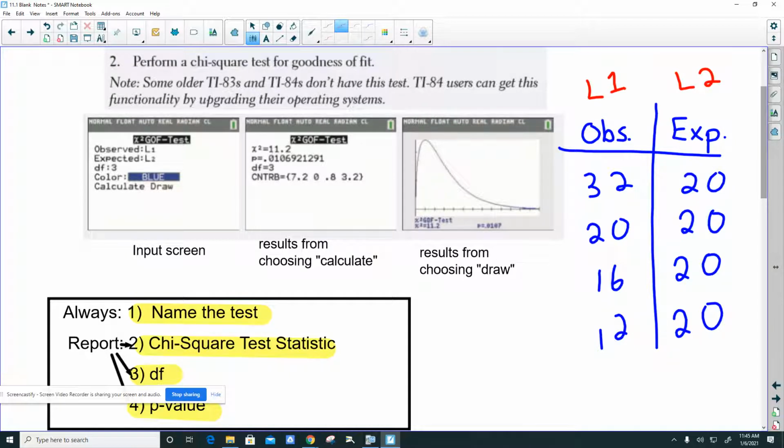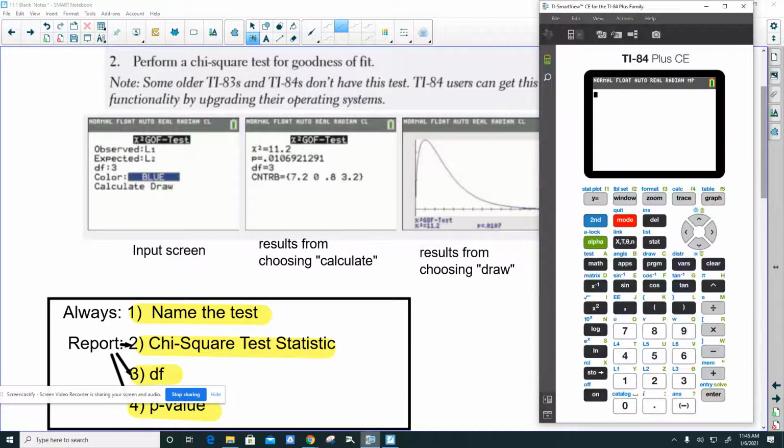So what you're basically going to do, I'll go ahead and just flip to my calculator here. I have already preloaded my calculator with those observed counts and those expected counts. So you can see I've got those in L1 and L2. Okay, where we find all of our statistical tests is behind the stat button.